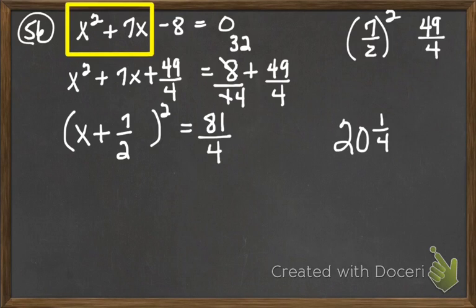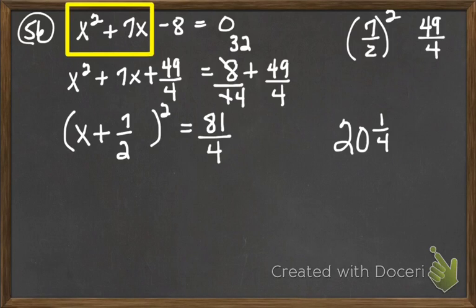So you can do a couple different things. If you do 8 plus 49 over 4, most calculators spit out a mixed number instead of an improper fraction. You can change 20 and 1/4 just by doing 4 times 20 plus 1, just by hand. Or you can hit the second fraction key again and equal, and it will turn any mixed number back into an improper fraction.